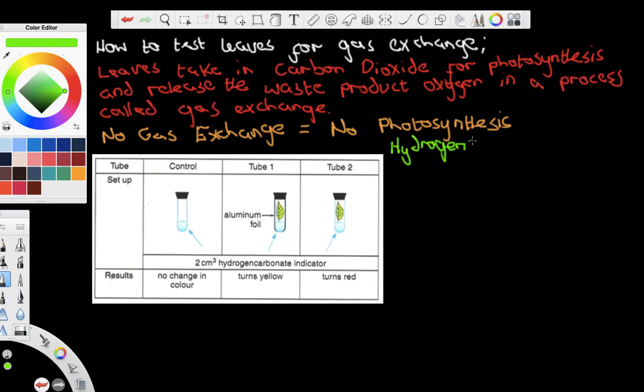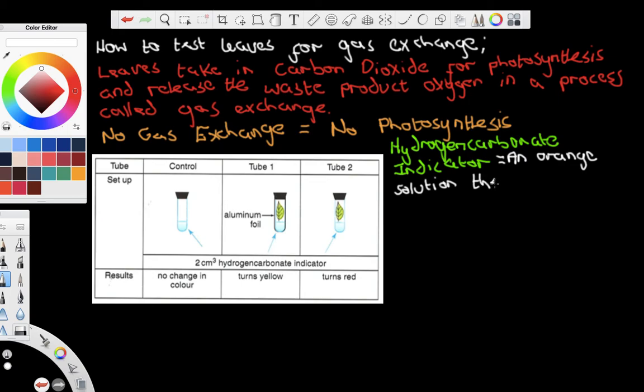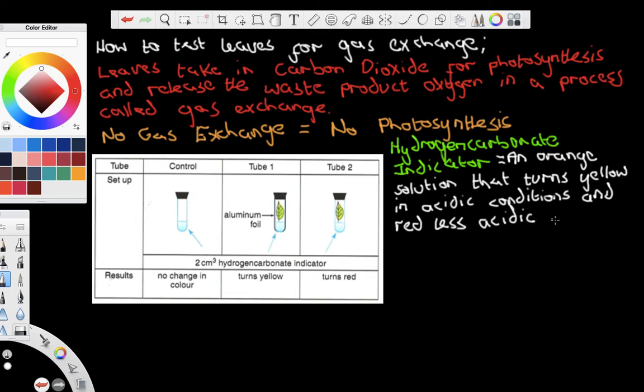Hydrogen carbonate indicator, and we can say that it is an orange solution that turns yellow in acidic conditions, and red in alkali, or in less acidic conditions.